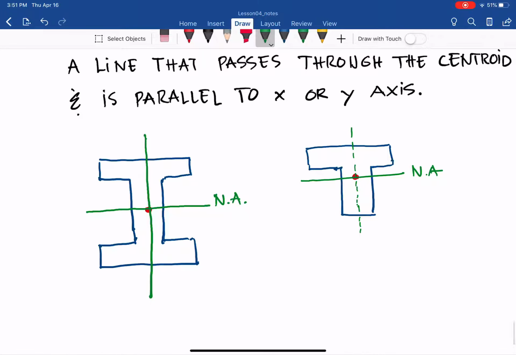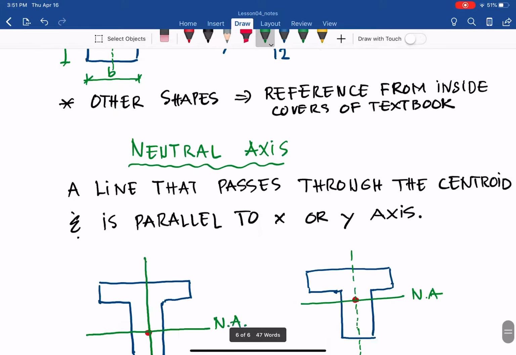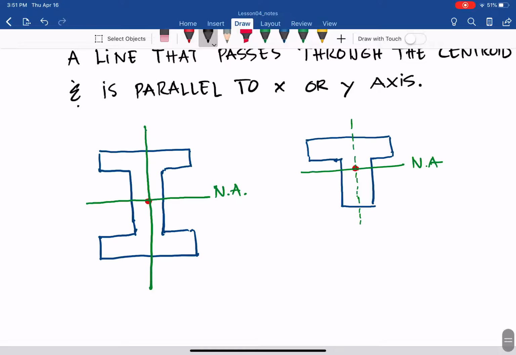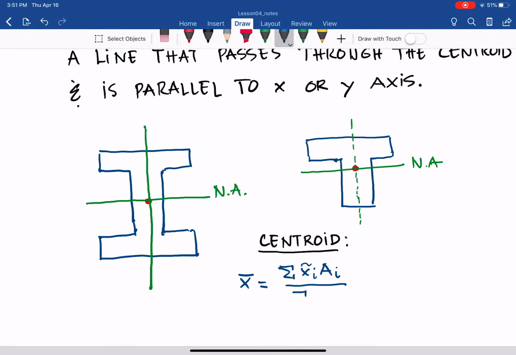Okay, so just a reminder of how to find the centroid, because we talked about that here. We have two equations, for example, in 2D: x bar equals sigma x_i A_i over sigma A, the total area.